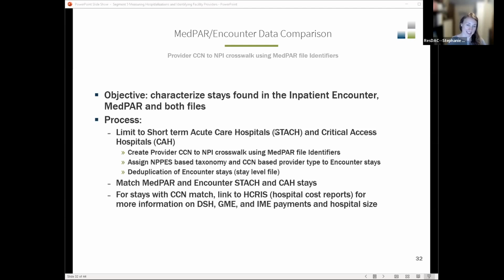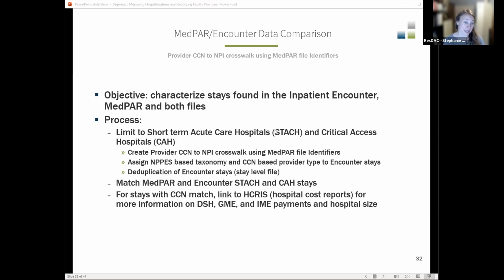So we used that to say, if we had a CCN, how would we characterize them? And then we also linked out to the NPPES taxonomy in order to compare what we would have assigned based on our crosswalk with the NPPES.